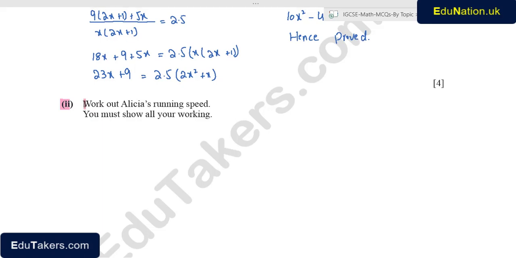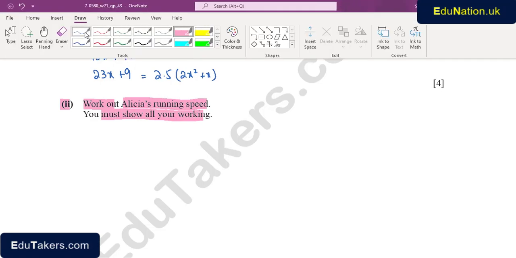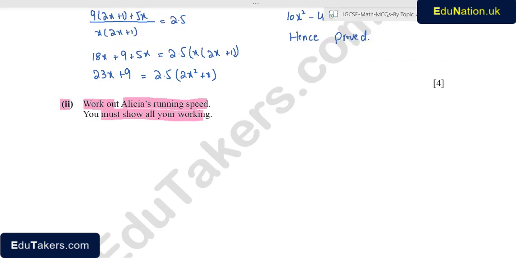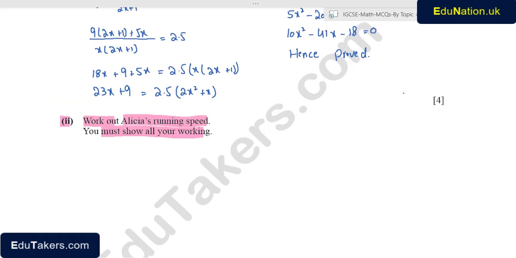Second part is work out Alicia's running speed. You must show all your working. For finding her running speed, we need to find the value of x, which we can find by using this equation. 10x squared minus 41x minus 18 is equal to 0.